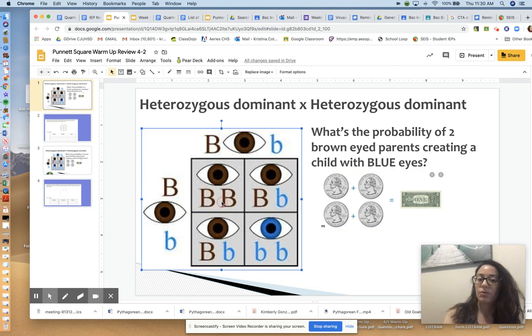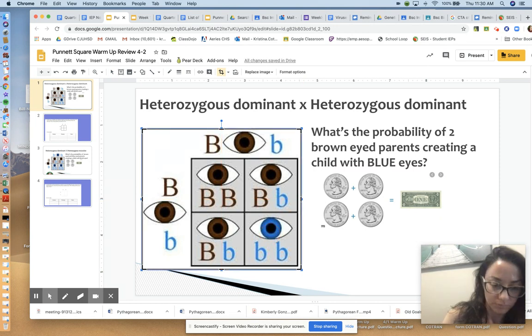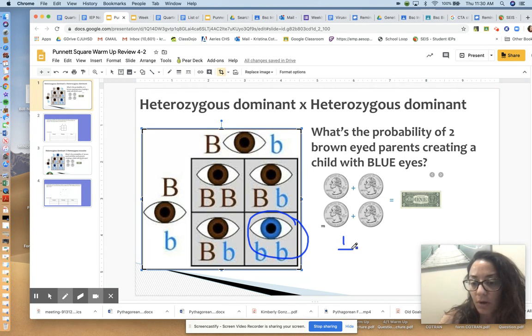So when we look at the way those alleles combine, we can see that we have 3/4 or three children that have brown eyes. That's their phenotype, right? How many have blue eyes? One. One out of how many? One out of four. So one out of four is really just talking about 1/4.